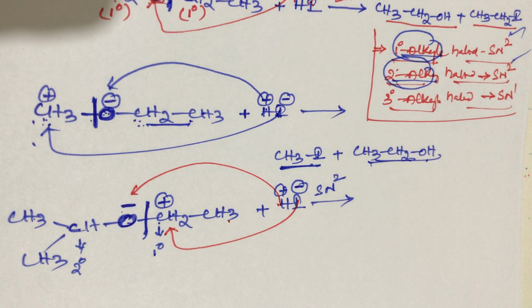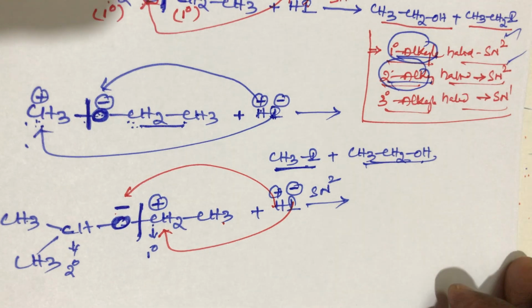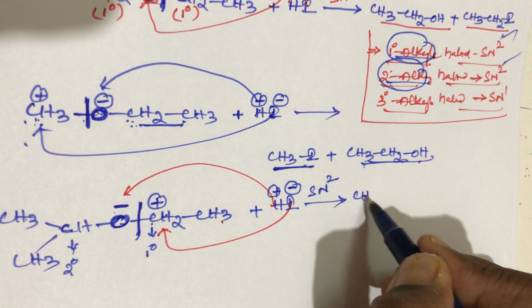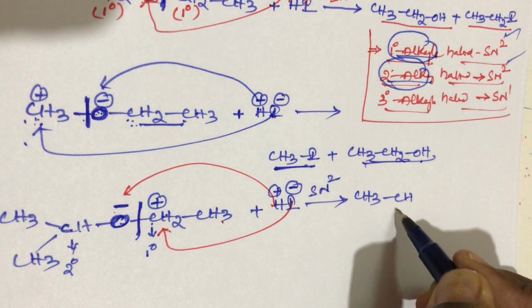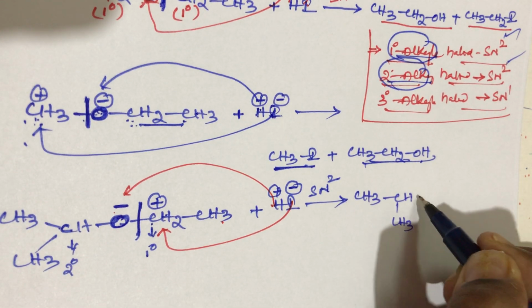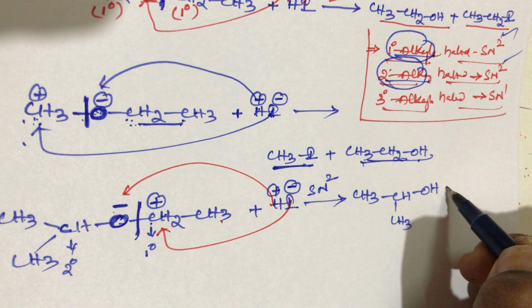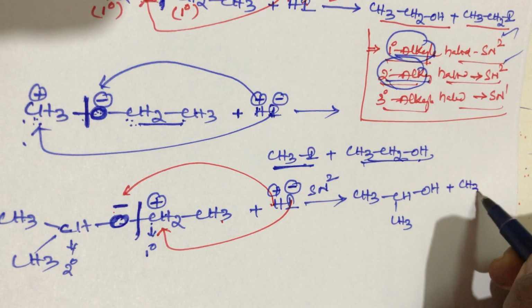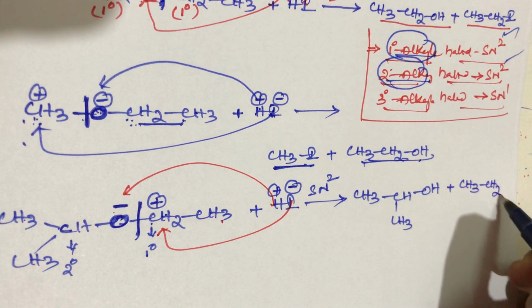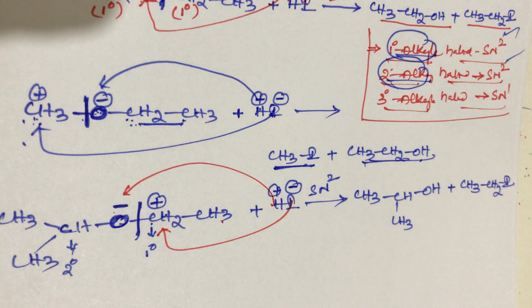We get the products: CH3, then CH, then CH3 with OH, that is a secondary alcohol, plus CH3, then CH2I, ethyl iodide. This is the simple trick, student.